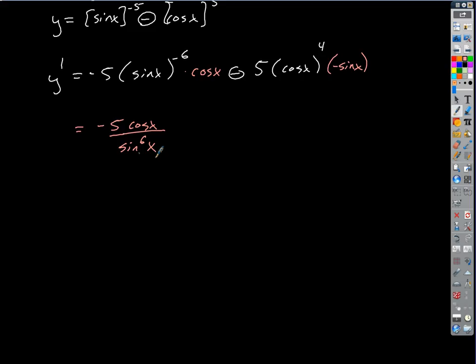And the shorthand would just be sine to the 6th of x means sine of x quantity to the 6th. Is everybody okay with that? And then it would be plus 5, because we get minus times minus, sine x cosine to the 4th of x, right? And so that's fine. I guess we could factor out a cosine if we wanted to.